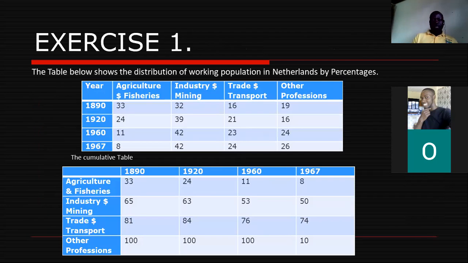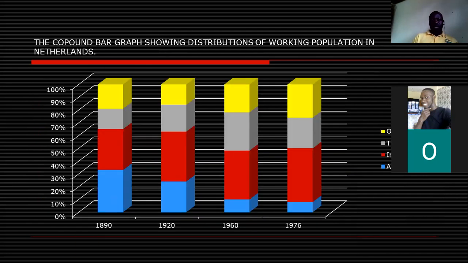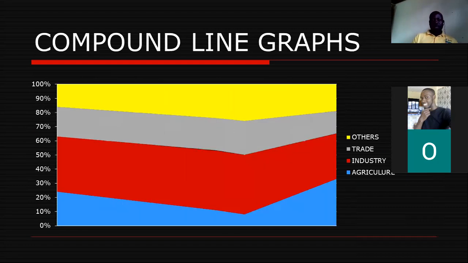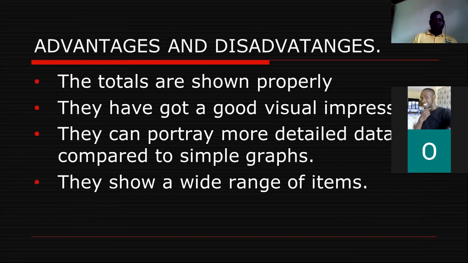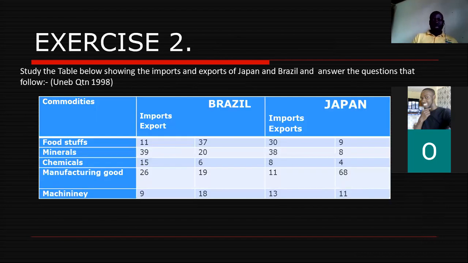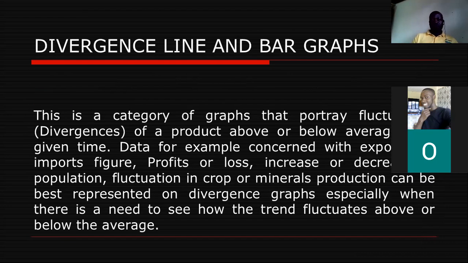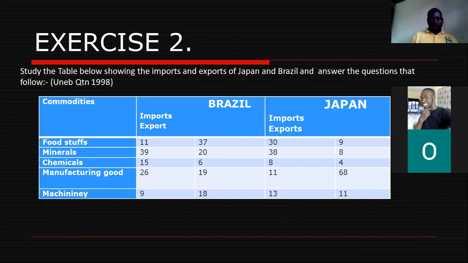How do you construct them? We gave some exercise. We looked at compound bar graphs, quite a number of them. And I think we finished with the disadvantages, and we gave some work. So that is where we ended last time.